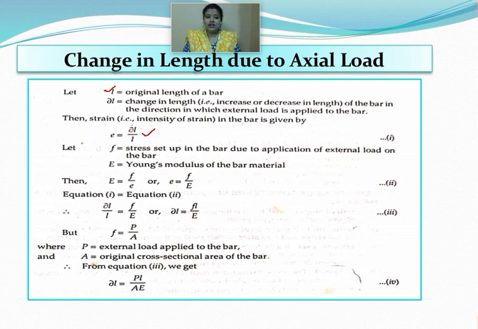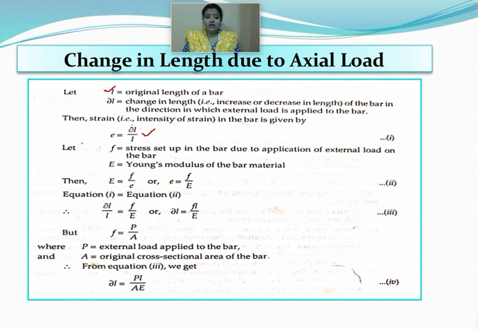Modulus of elasticity or Young's modulus is basically known as the ratio where stress is proportional to strain, or you can say sigma by small e. Sigma means stress, or it can be denoted by F, and e means your strain. As I have told, Young's modulus states that stress is proportional to strain within elastic limit.